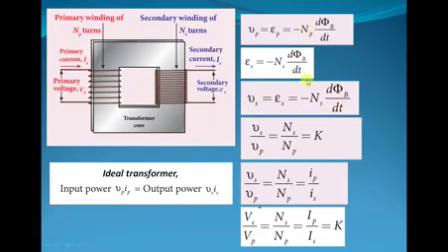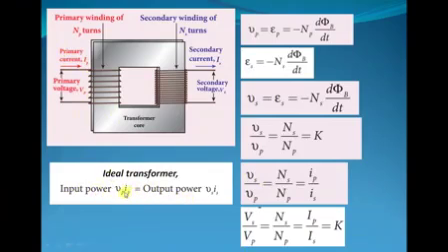Now taking the ratio of the first and second equations, the voltage ratio of secondary to primary, Vs divided by Vp, the common terms cancel, and minus minus also cancels. The remaining term is Ns divided by Np, which is equal to K. K is nothing but the transformer ratio. For the ideal transformer, the input power is always equal to the output power.